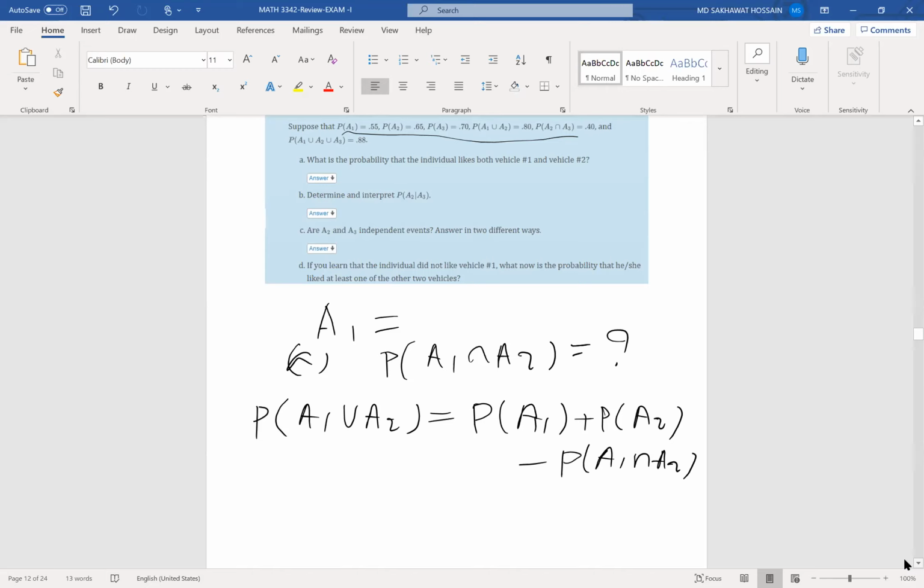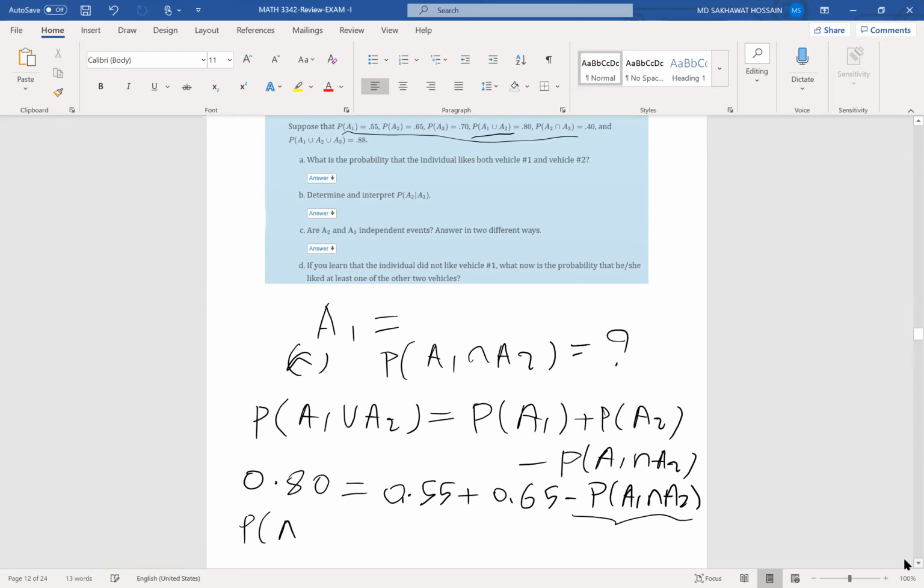We are given that the probability of A1 union A2 is 0.80. We also know the probability of A1 is 0.55, and the probability of A2 is 0.65. Now we have to solve this equation for the probability of A1 intersection A2.